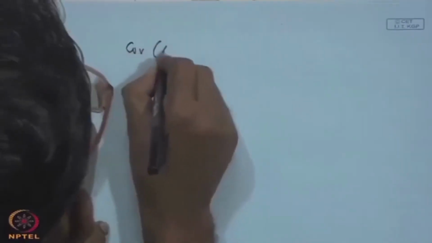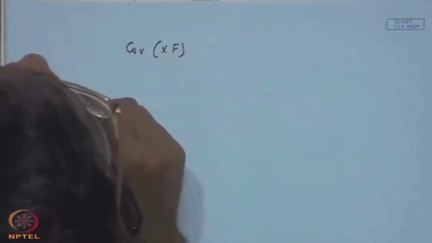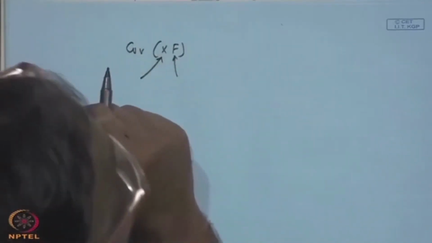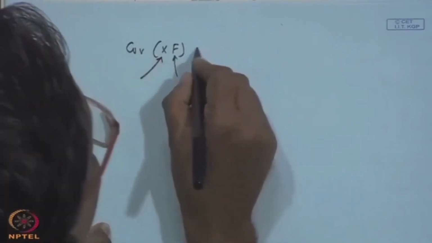Now, with respect to another concept here, what will be the covariance of x and f? X is your original variable, f is the factor. Okay.